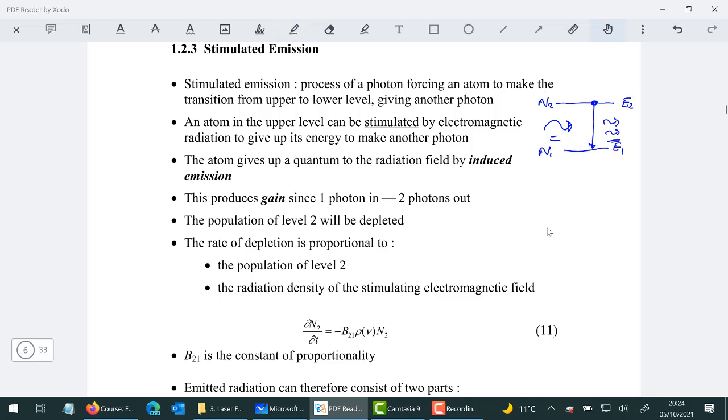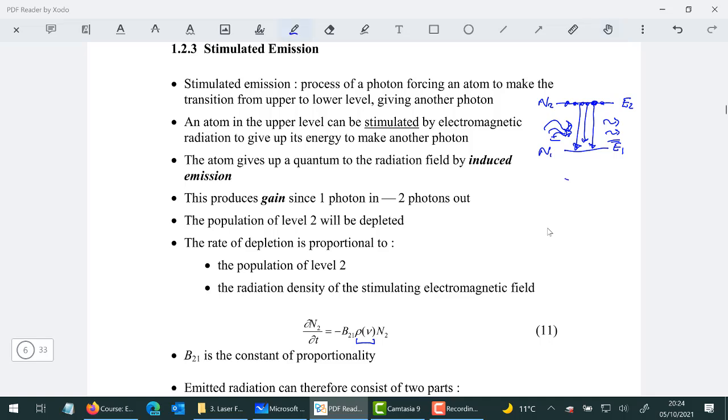Again, let's think about how that changes with time. What's the rate of change? If we have lots of light going in, and lots of atoms up here in level 2, then we will get more stimulated transitions. So it depends again on how much energy we put in. It also depends on the number of atoms in level 2.